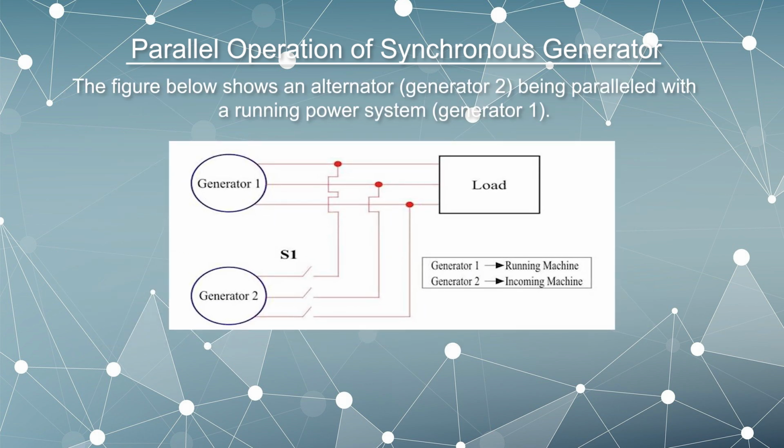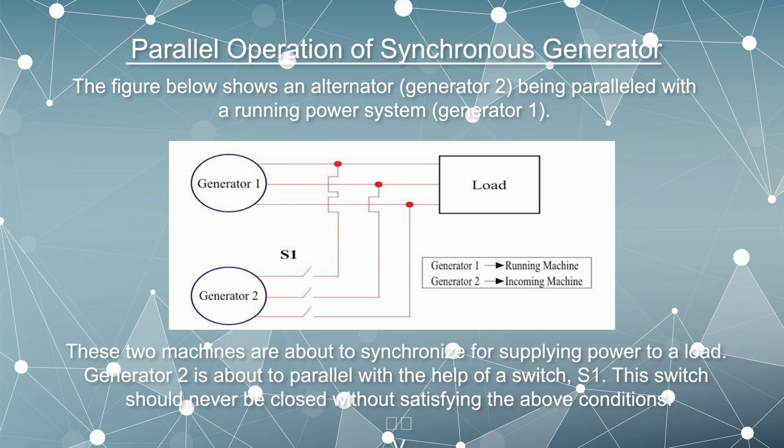So here in this diagram we have shown two generators which are connected in parallel and together they are supplying the load. Let us assume that generator 1 is already running and it is generator 2 which we are going to put in parallel with the first generator. So generator 2 is being paralleled with the running power system, or let us say generator 1.